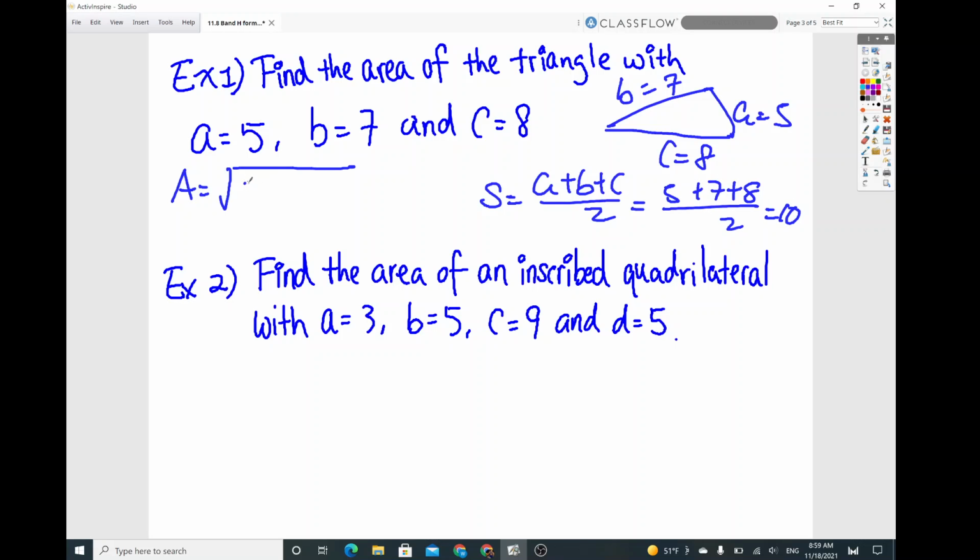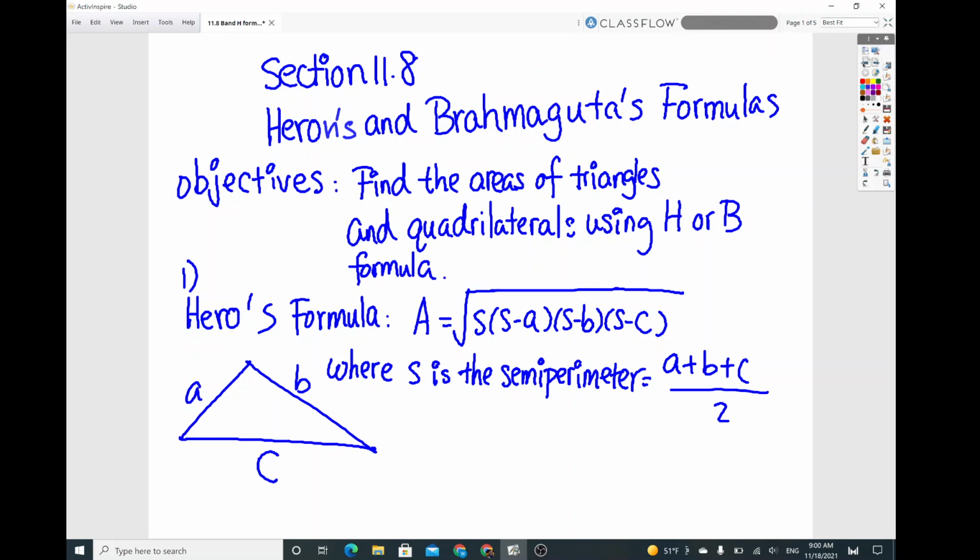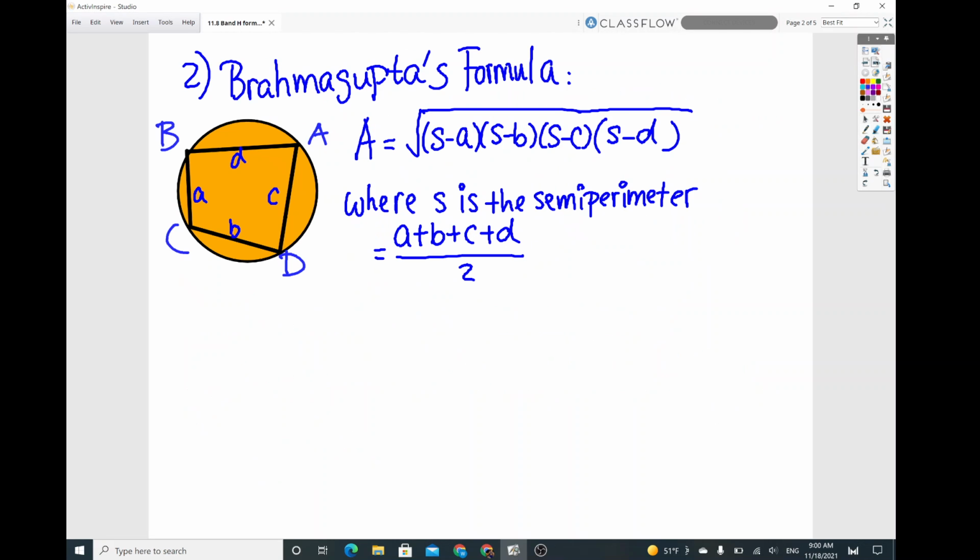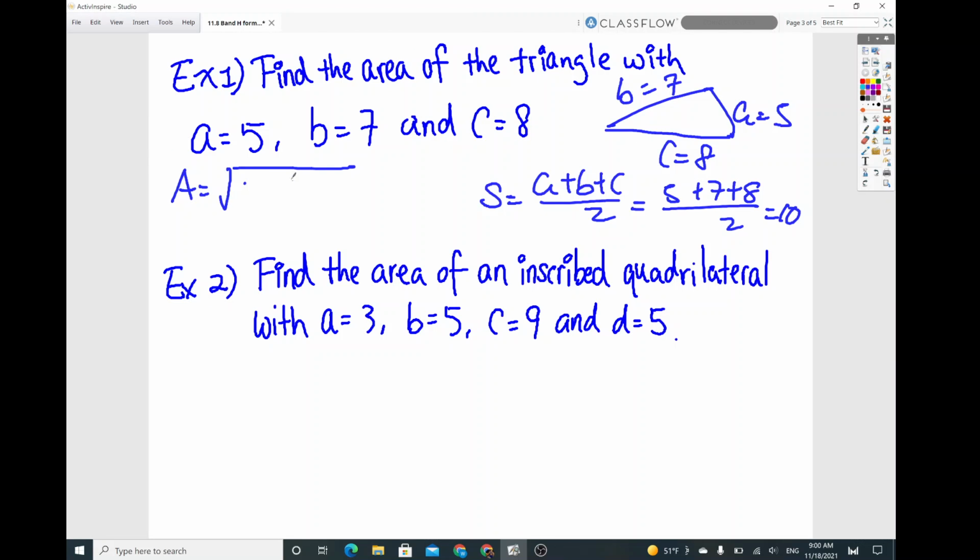According to the formula, we take S times S minus A, S minus B, S minus C. So we got 10, 10 minus 5 is 5, 10 minus 7 is 3, 10 minus 8 is 2.